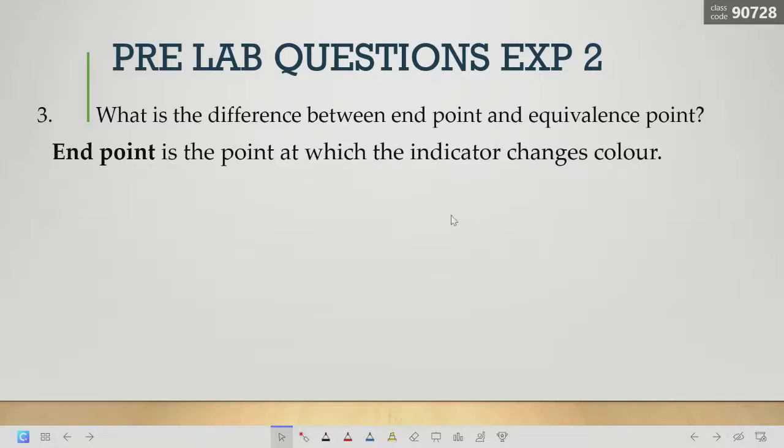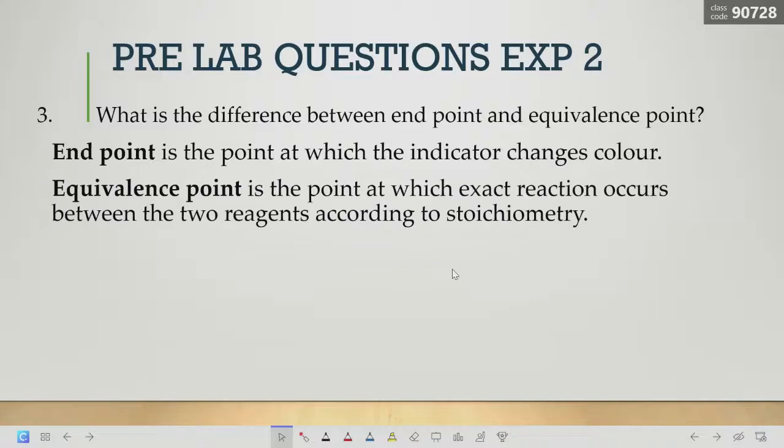For example, if you have the phenolphthalein indicator, the color change is from colorless to pale pink. When the color changes from colorless to pale pink, we call that an endpoint. There are many indicators you can use, for example methyl orange, methyl red, bromothymol blue. There are also many others. You can search on Google.